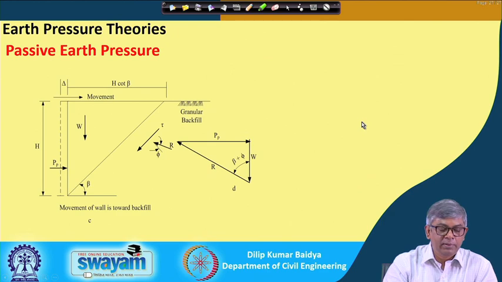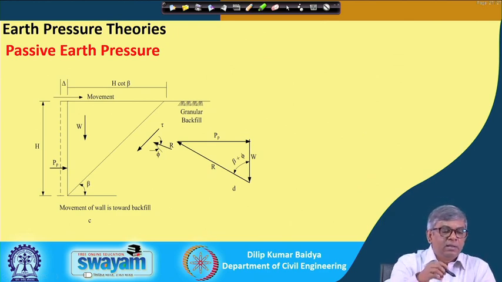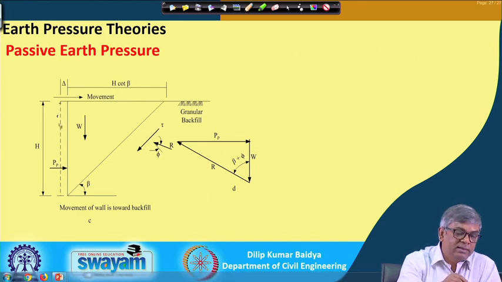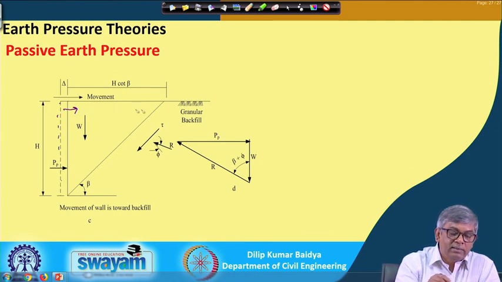Similarly, if we consider the passive case, that means the wall was originally here and it is pushed towards this side. So, this becomes the delta or movement of the wall, and I assume another wedge here with the angle beta.